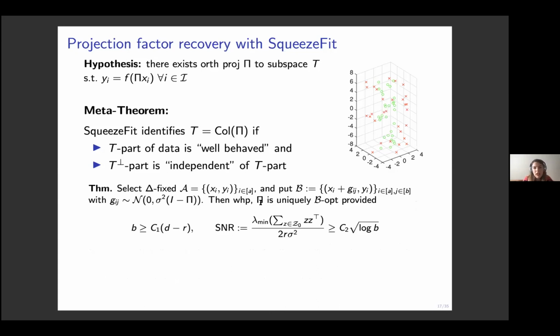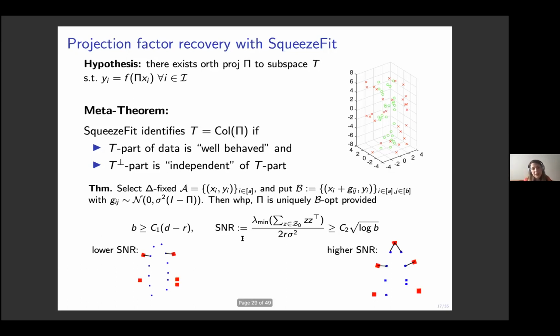Then if you have enough samples and your signal to noise is large enough, you can show that the solution for B is the same as the solution for the original problem. So adding the noise doesn't change the solution.